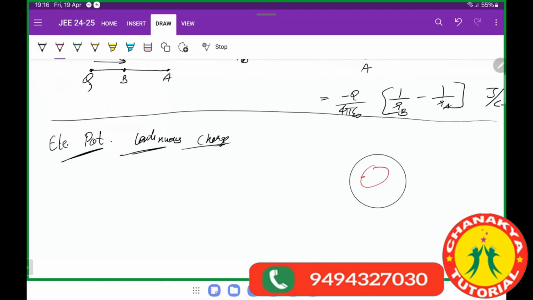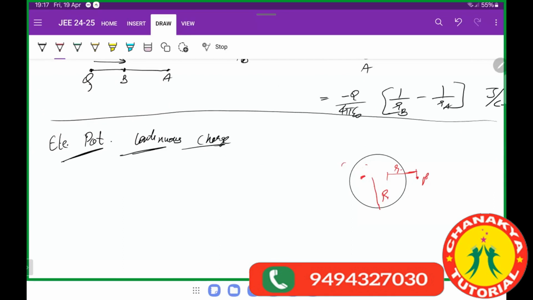If we take a circle here, and a strip here, then this is your radius R, and this strip is at radius small r. And we are taking a point P somewhere. For this strip it will be dr, and the charge will be dq.